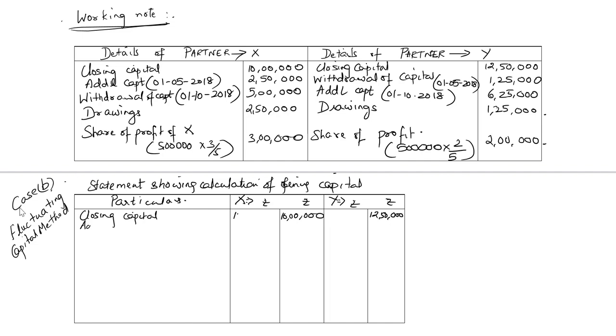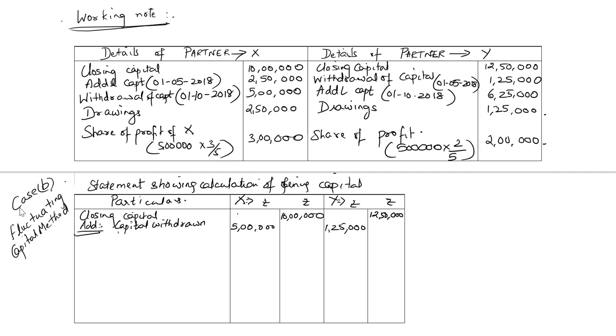We need to add capital withdrawn, for X it's rupees 5 lakh, whereas for Y the capital withdrawn is rupees 1 lakh 25,000.